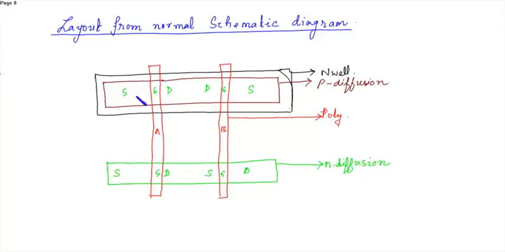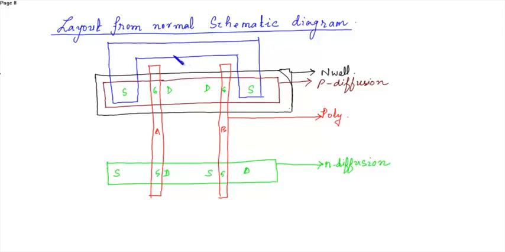Now these two sources are connected to VDD. So this is VDD and this is metal 1.